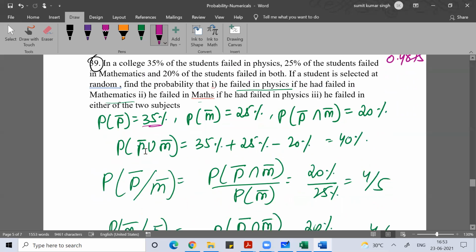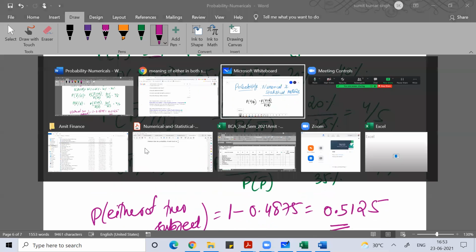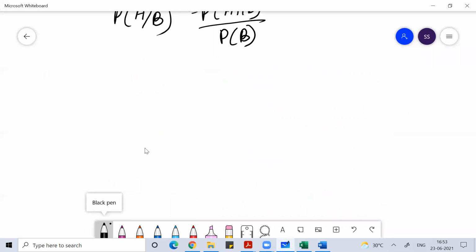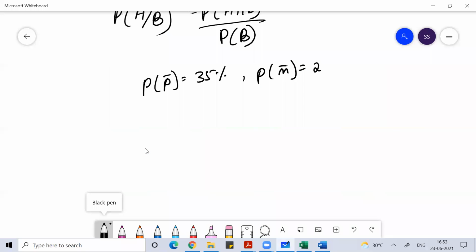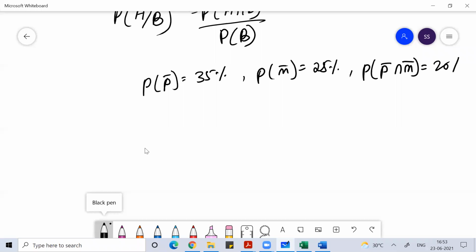Clear now? When I'm saying either of the two subjects, according to me, to fail in physics is 35%, right? To fail in maths probability is 25%, right? And failed in both physics and maths is 20%, correct? That is given to us.